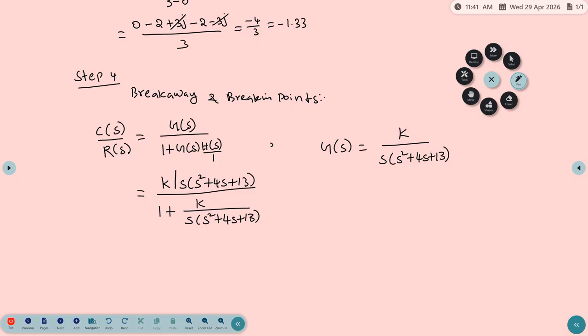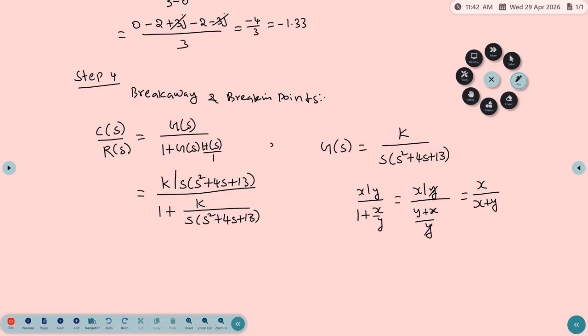In the denominator we have 1 plus K divided by 1 term. Let us assume if we are having a term like x by y divided by 1 plus x by y, so we can simplify x by y divided by y plus x divided by y. We can cancel y with y, then we can write x divided by x plus y or y plus x.